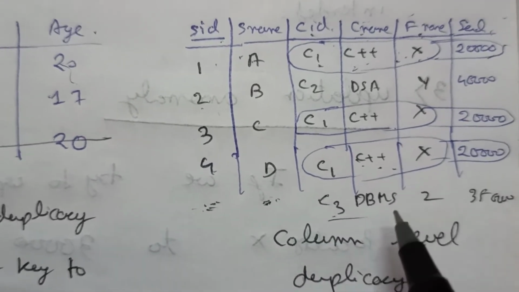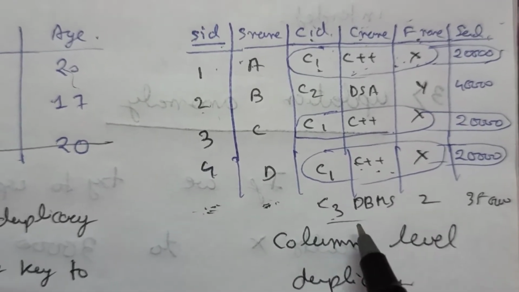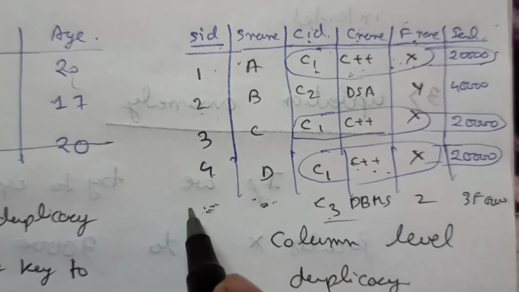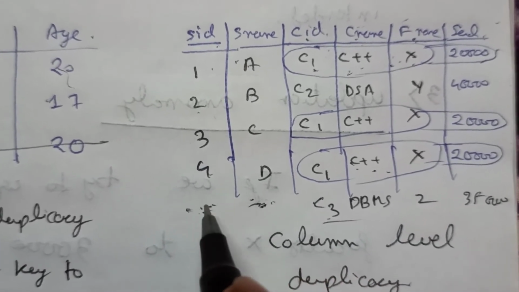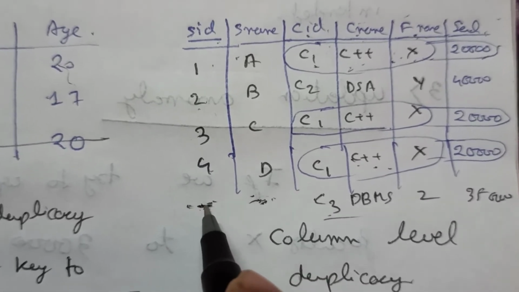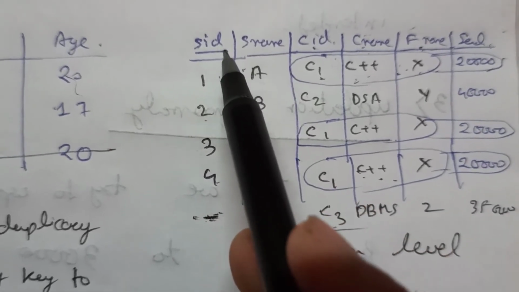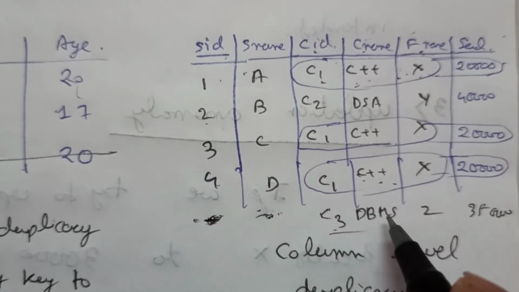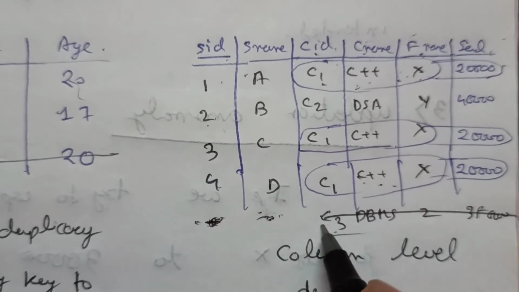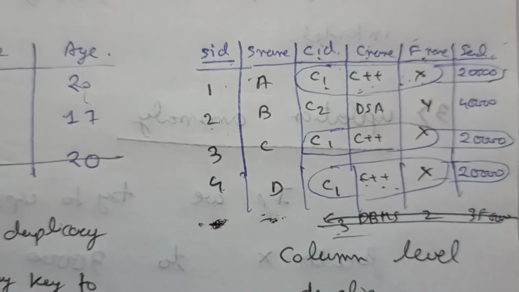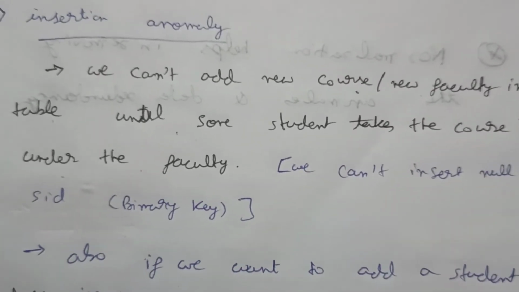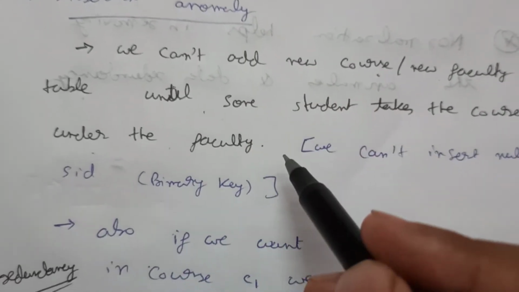So these two values are unknown, so we leave them. This value should be assigned null, but SID is a primary key, so a null value cannot be assigned here. So we cannot insert the course or the teacher's details until any student takes it. We need to add the student's details along with them. That's the insertion anomaly taking place here.